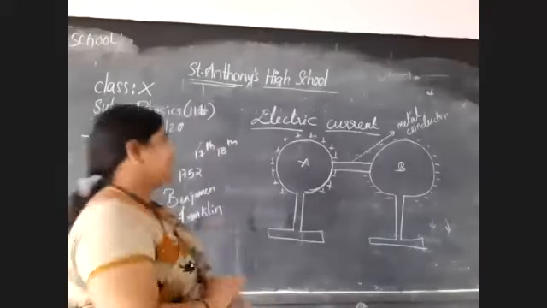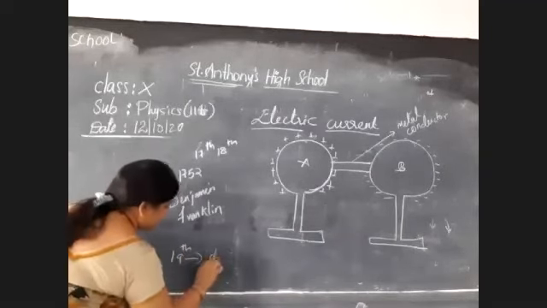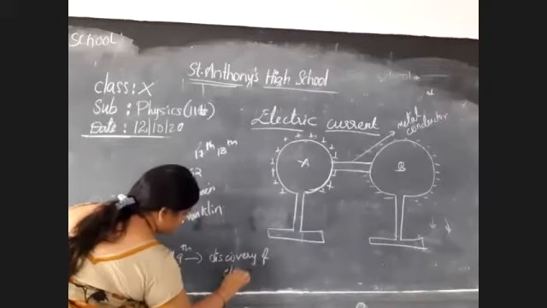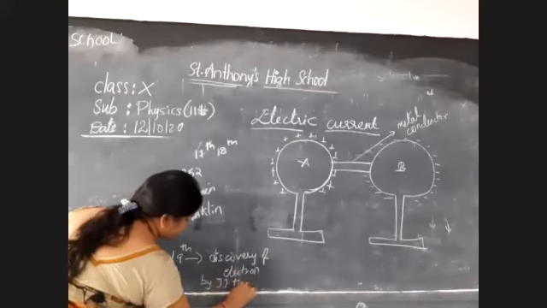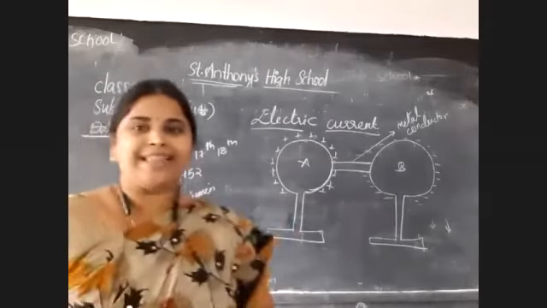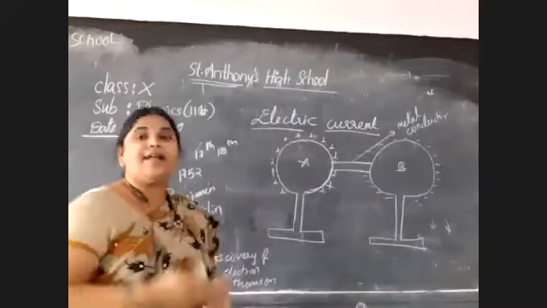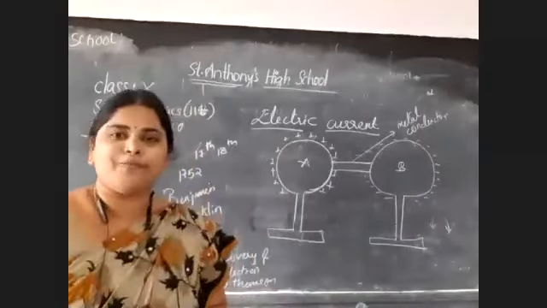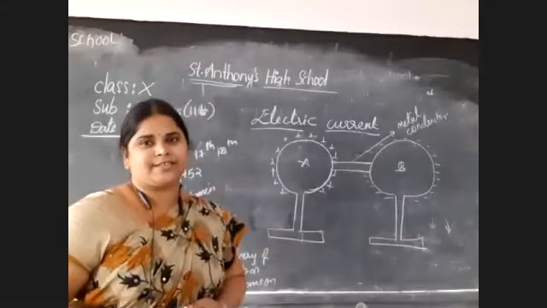And you all know that the electron was discovered in the 19th century by J.J. Thomson. So until that period, scientists used to think that the electric current was set up due to the flow of positive charges.